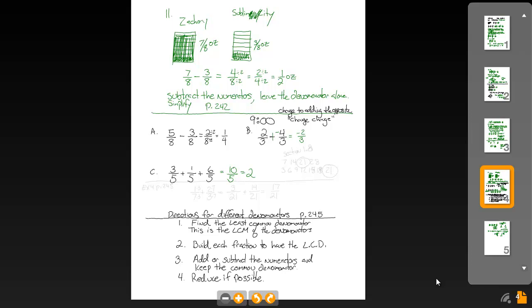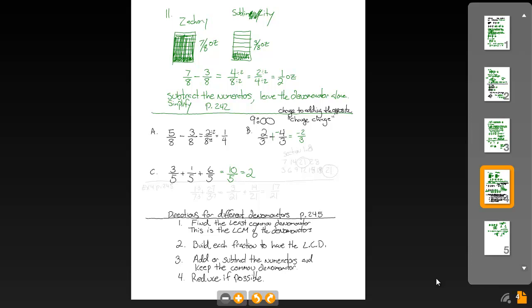So there's the directions. I'll give you a little bit of time to write them down there. So pretty close to exactly what it says on page 245. Find the least common denominator. Remember that whole section on LCMs?